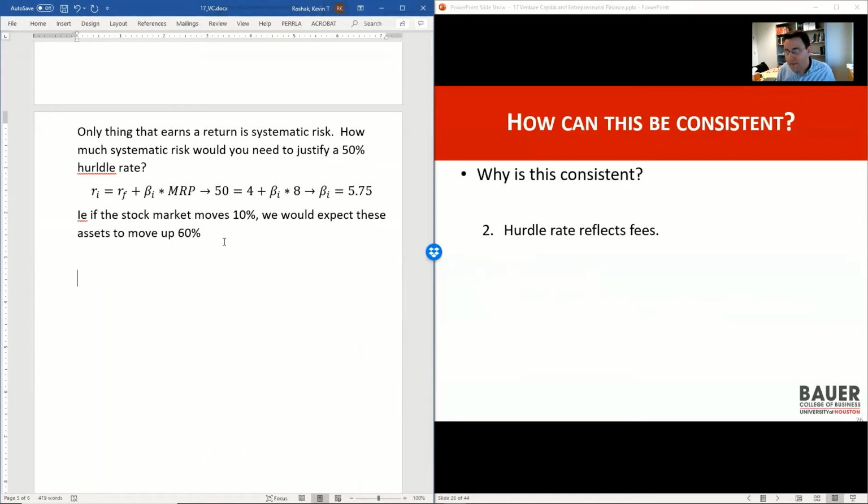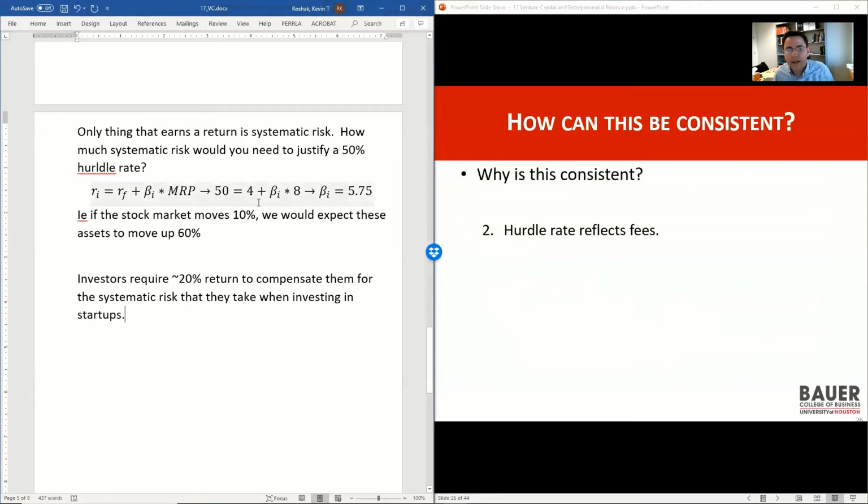We said that the pension funds, right, the institutional investors, they require about a 20% return to compensate them for the systematic risk that they're taking. Now, they have to get that 20% after they pay the VCs.